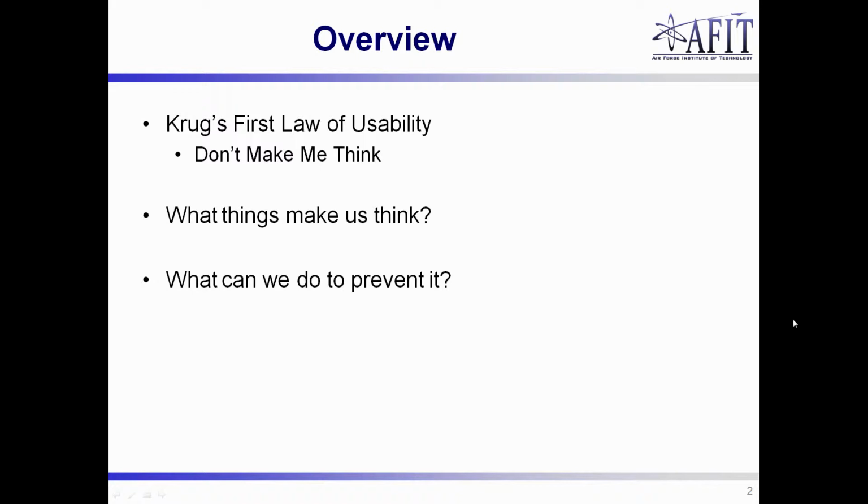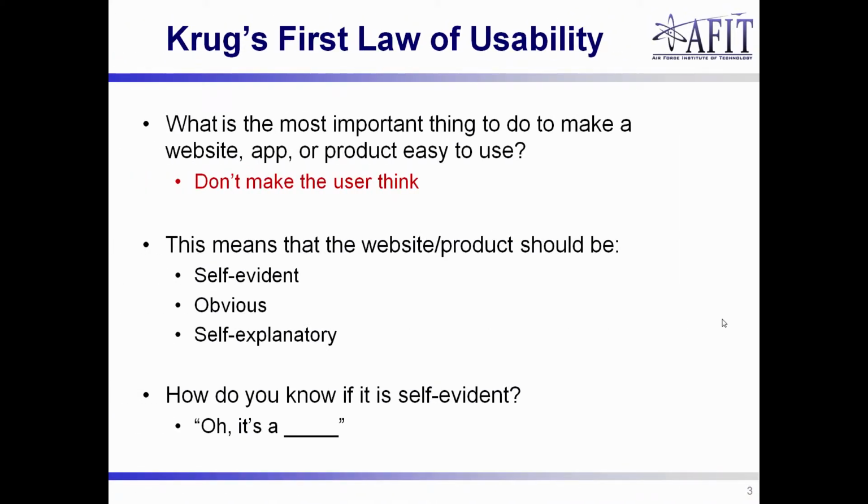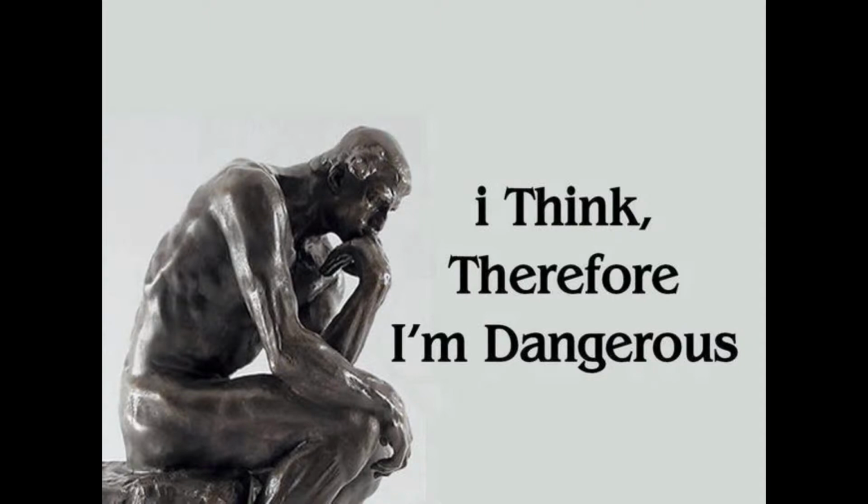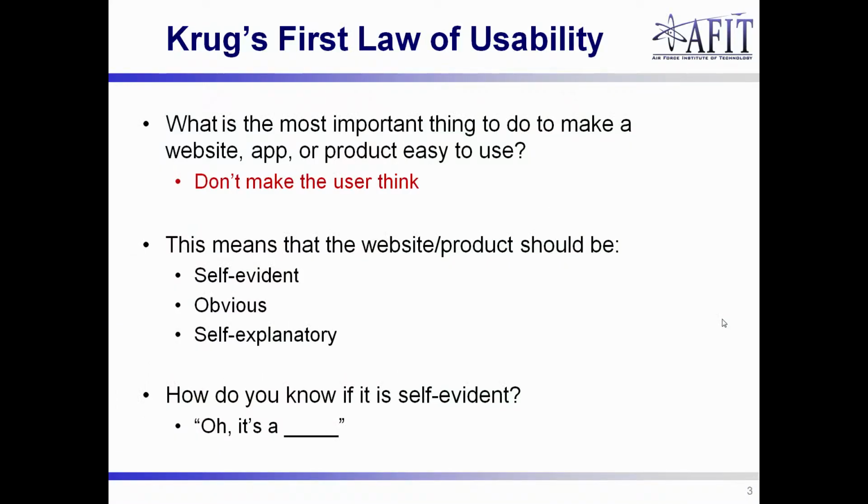We're also then going to look at what kind of things can we do to prevent users from having to think unnecessarily. So if you want to make your website, your app, or your product easy to use, what's the most important thing you can do? Don't make the users think. And what that means is that the website or product should be ideally self-evident, right?